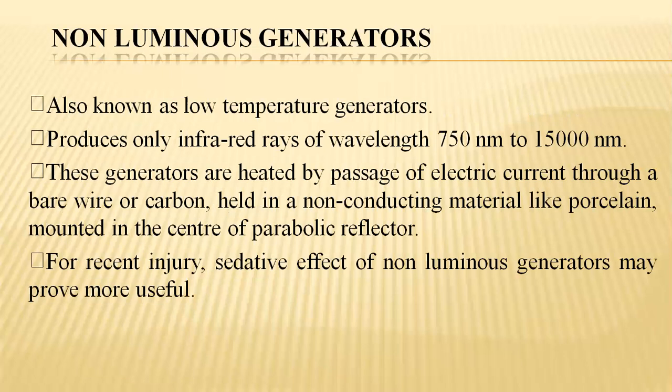Coming to these non-luminous generators, these are also called low temperature generators, which produce the IR in the range of 750 to 15,000 nanometers of wavelength.